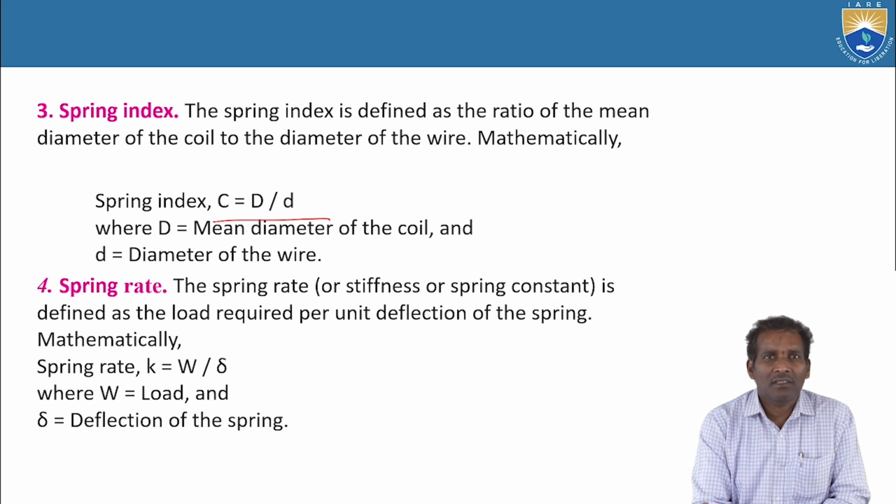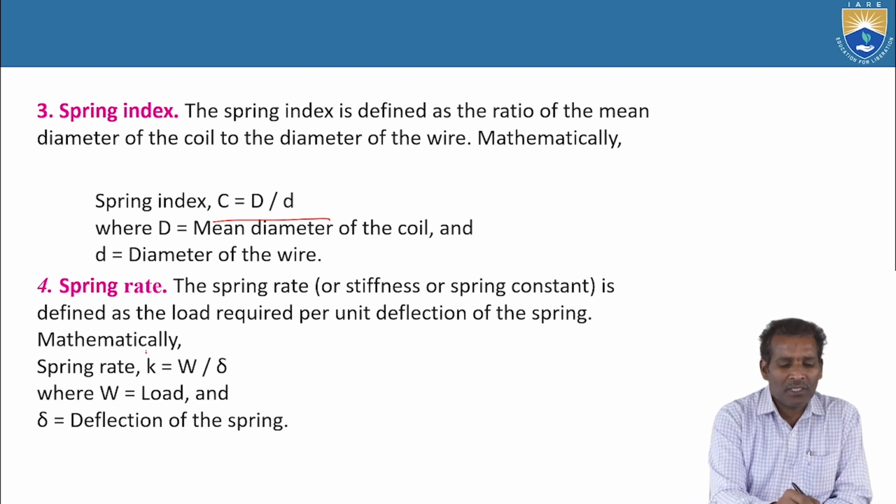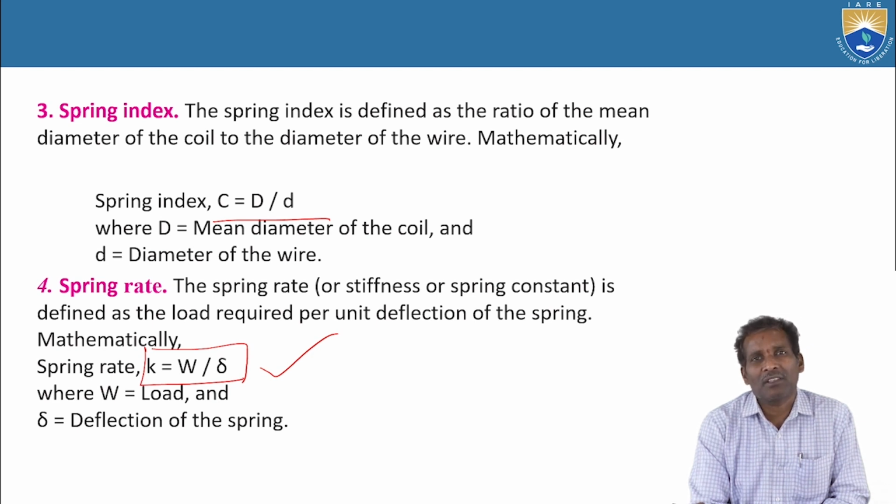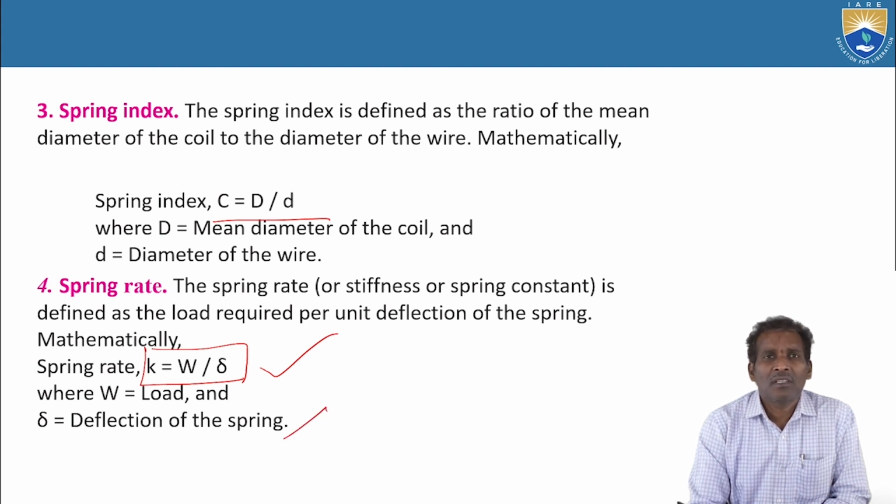You can say spring rate, stiffness and spring constant. How do you calculate the spring rate? By using this relation. It is the load per unit deflection, the load required per unit deflection of the spring. So mathematically you can write like this: K is equal to W upon delta, where W is the load and delta is the deflection of the spring. It gives the stiffness of the spring.